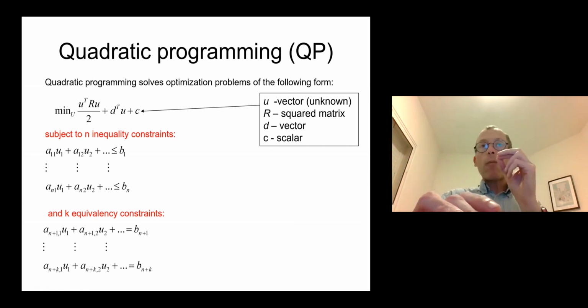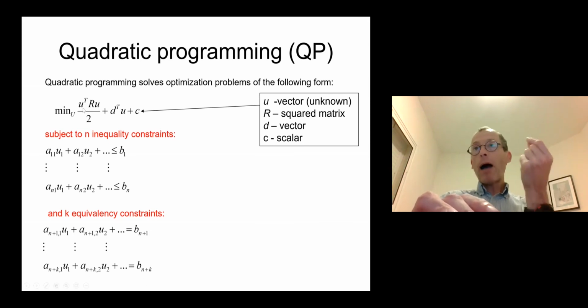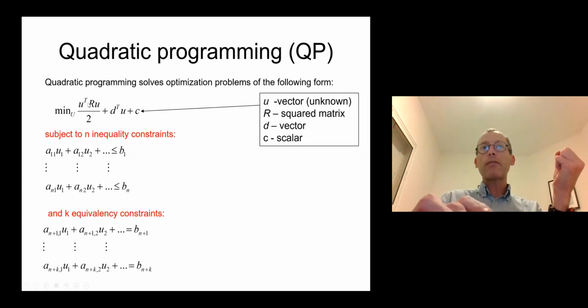So in quadratic programming, the goal is to find U, which is the parameters, in our case, W, and you assume that the optimization function is defined as UTRU. R is an input. It's not something you have to find. It's given to you, but it's a matrix, basically. So this is a vector, a matrix, a vector, so you get a value.